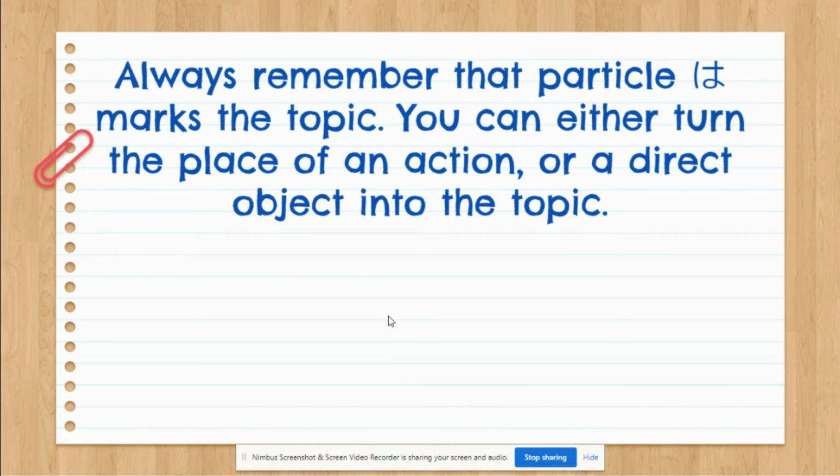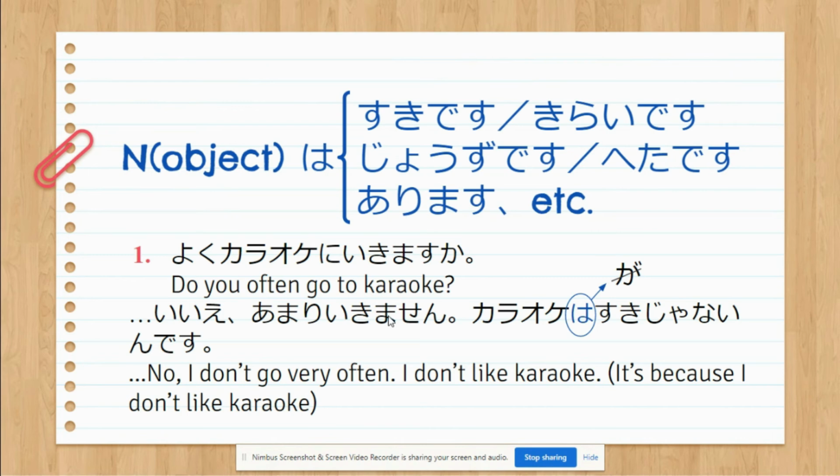You can either turn the place of an action or a direct object into the topic. So the reason why you change particle ga into particle wa is because you are trying to make it your topic. You change karaoke as the topic of your sentence. Karaoke wa suki janai desu.